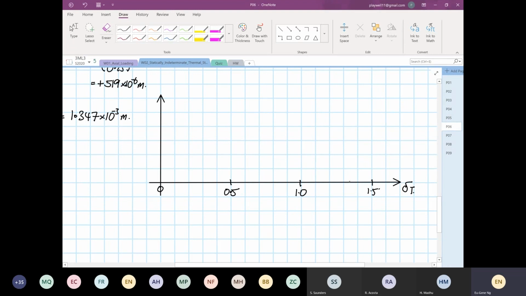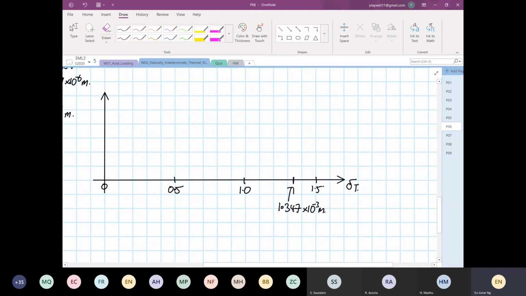So I'm going to eyeball this. So this is our 1.347 times 10 to the power minus 3 meters. So the units down here is times 10 to the power minus 3 meters.